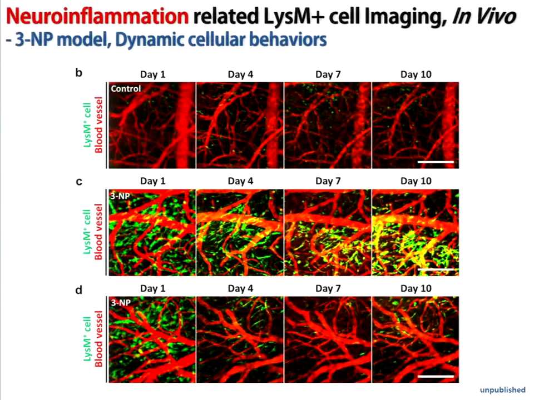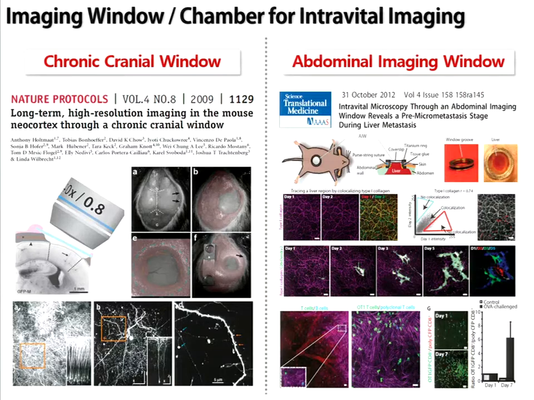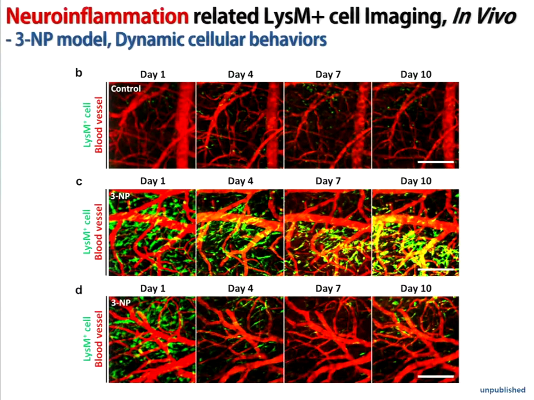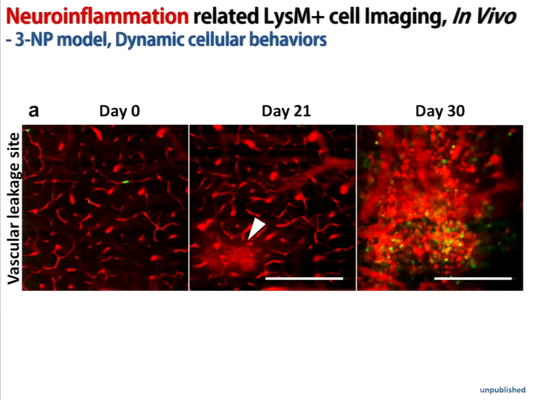And then this is the cranial window model. By implanting this cranial window, we can observe the cell level changes over 10 days after inducing the neuroinflammations. And then later at 3 weeks, so this is the same site actually, up to 1 month, we can see the breakdown of the BBB, and then later it results in the establishment of the huge inflammatory response in these particular areas.